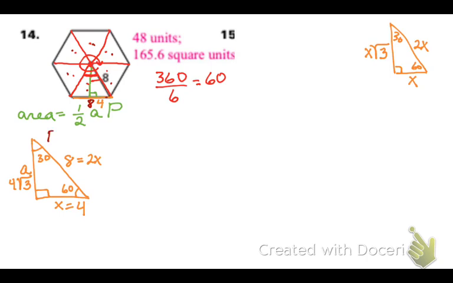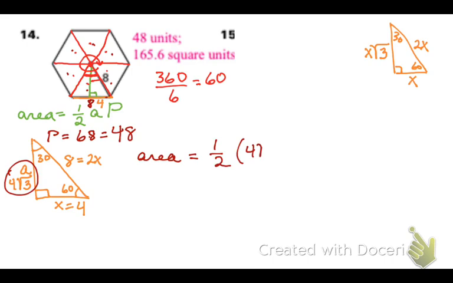P is equal to 6 times 8, which is 48. So that's our perimeter. So our area is equal to 1/2, our apothem here is 4 root 3, and our P is 48.